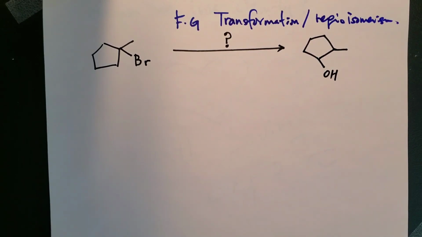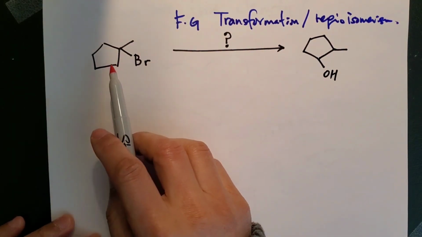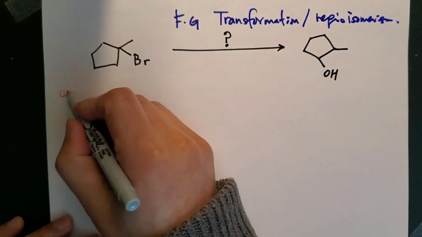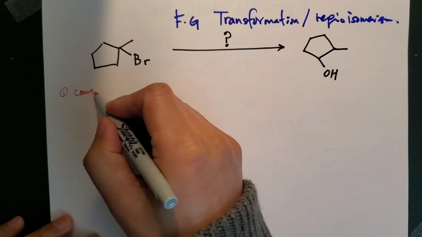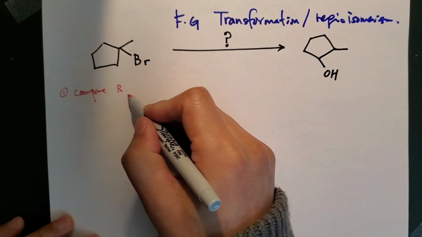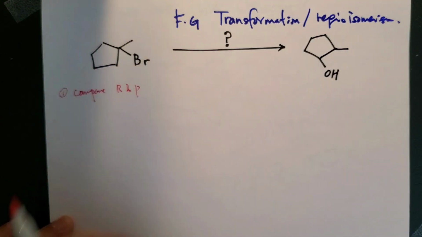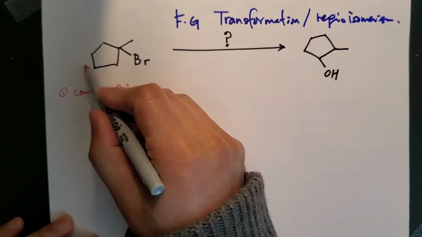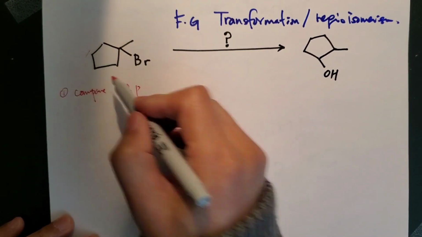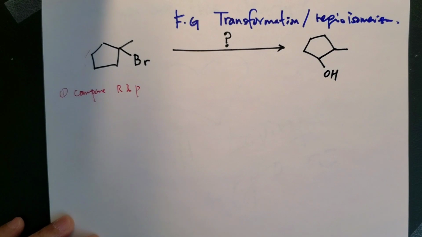So how would you approach this? Well, first you find out, right, the difference. So you compare, step one, you compare reactant and product. You compare, you see the carbon backbones are exactly the same.